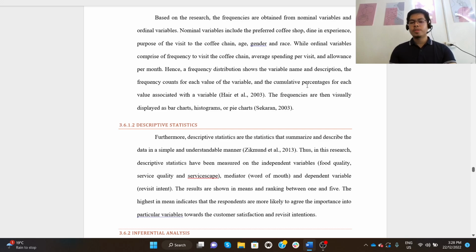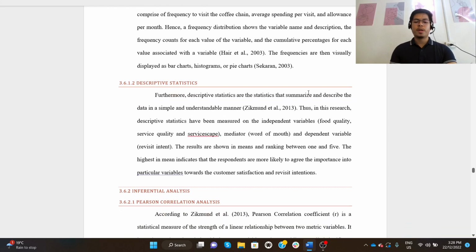Hence, a frequency distribution shows the variable name and description, the frequency counts for each value of the variable, and the cumulative percentages for each value associated with a variable. The frequencies are then visually displayed as bar charts, histograms, or pie charts.